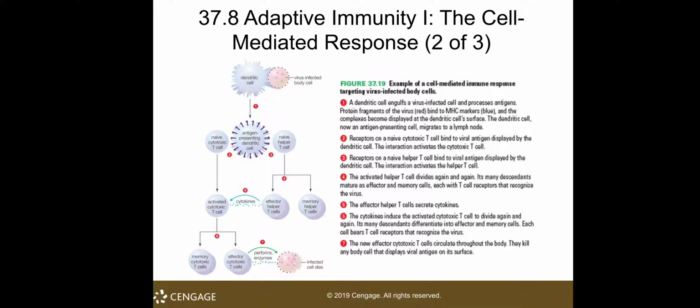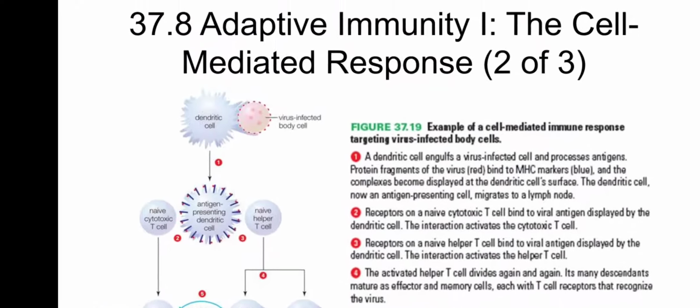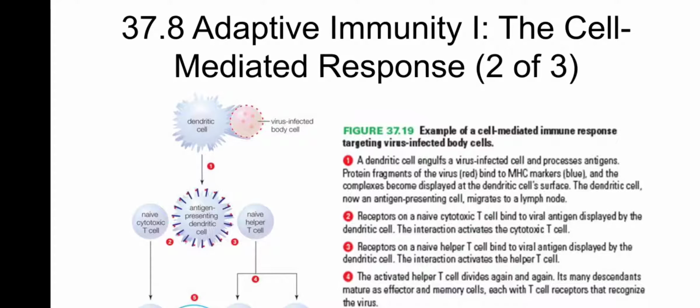Again, it also involves dendritic cells. First, you have dendritic cells engulfing your virus-infected body cells. So take note, this is our own cell, but this one is infected by a virus. Because with the cell-mediated response, most of its action is against our own cells that have been compromised, that either became cancerous or have been infected with the virus.